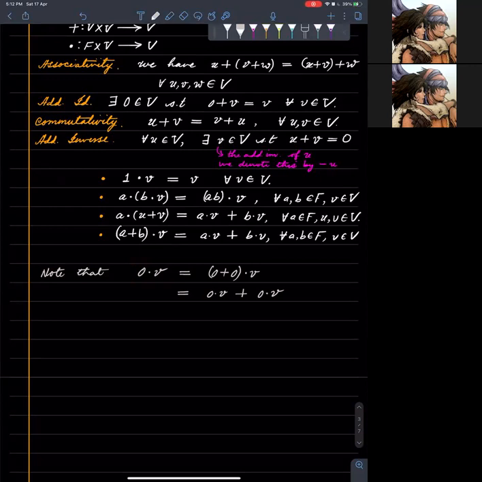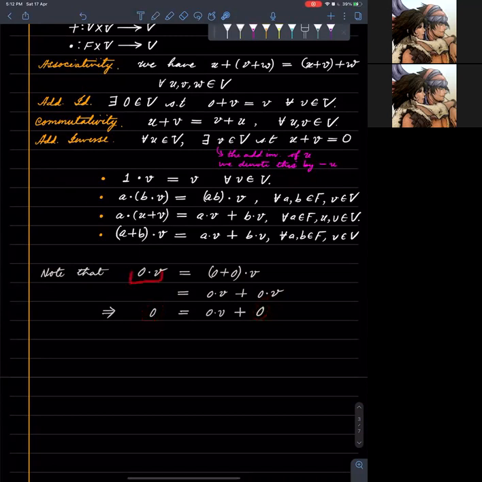And now if you add the additive identity of whatever this guy is on both sides, you'll be left with 0 equals 0 dot v plus 0. And this 0 is the 0 of the vector space.